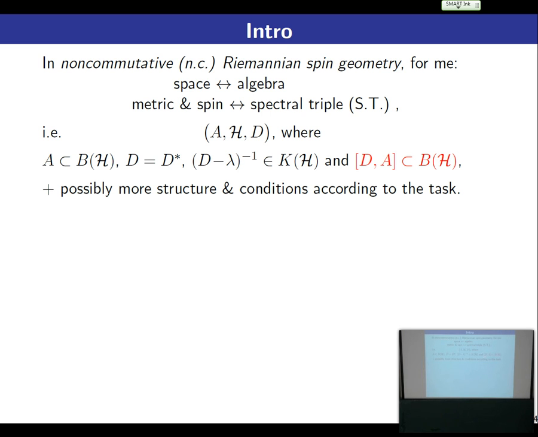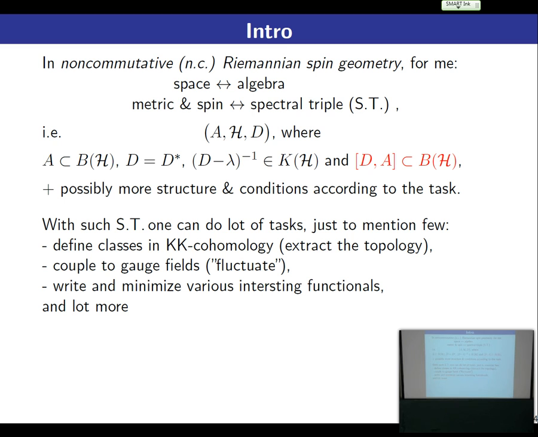And I will always assume that the Dirac operator has bounded commutators with any element of the algebra. We think of the algebra as functions on the space, and D as a Dirac operator. You will see in a second, of course, the classical example, plus possibly more structures and conditions according to the task we will want to perform. Okay? So with such spectral triples, one can do a lot of tasks with additional structures.